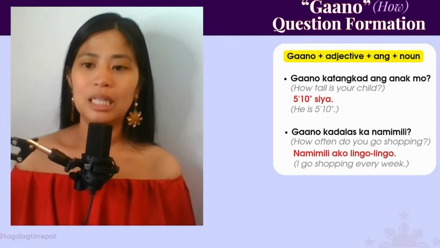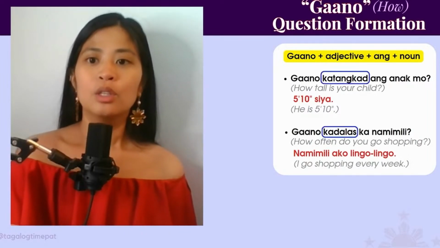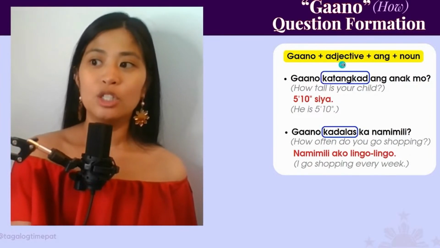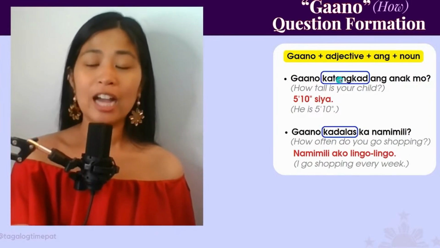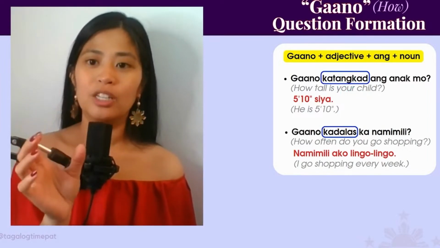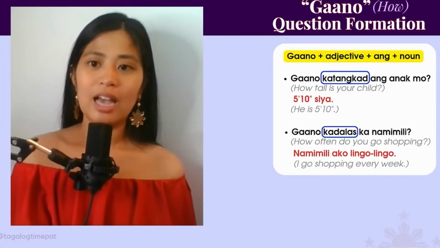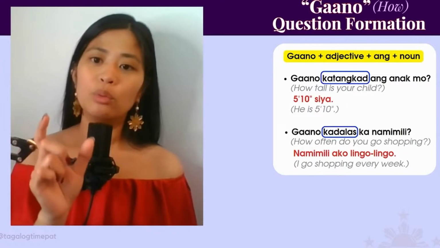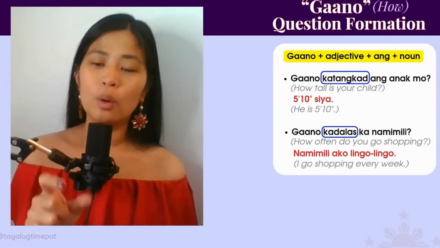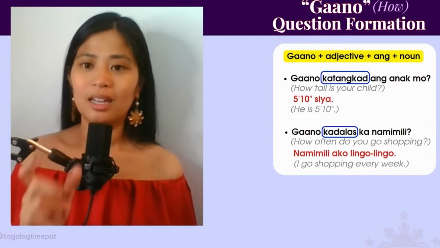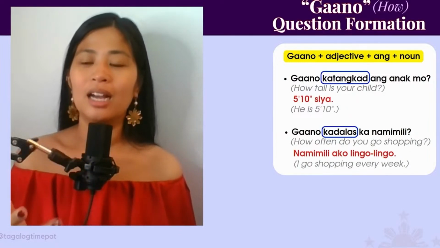So I want to point out that when it says to use an adjective, we're actually using the adjective with a ka prefix. So technically the adjective is matangkad, tall. But when we're using it in a gaano question, we have to use the ka prefix, katangkad. Gaano katangkad ang anak mo?